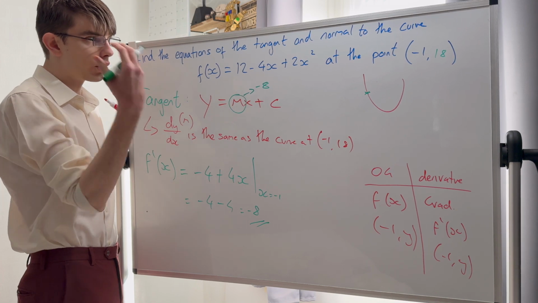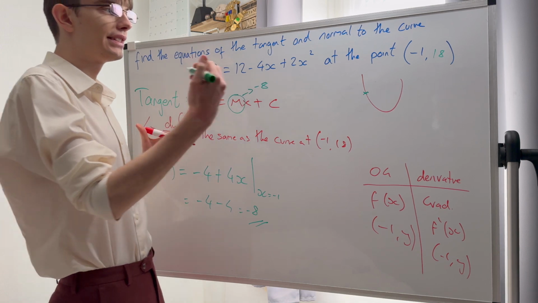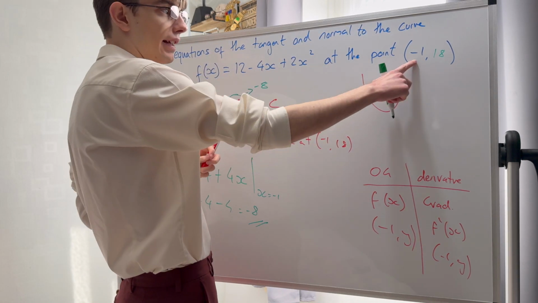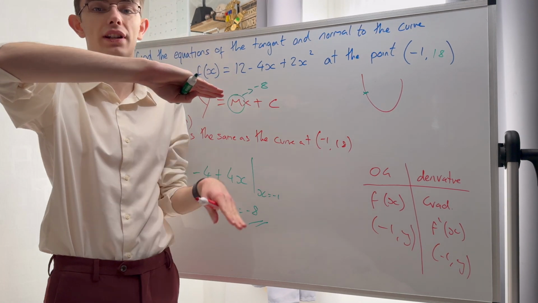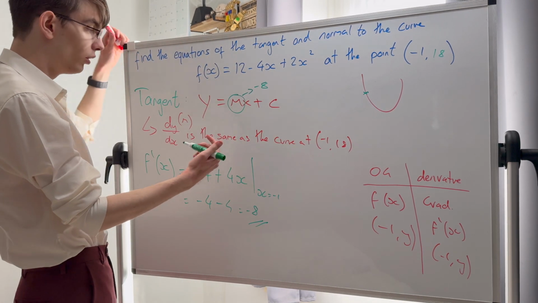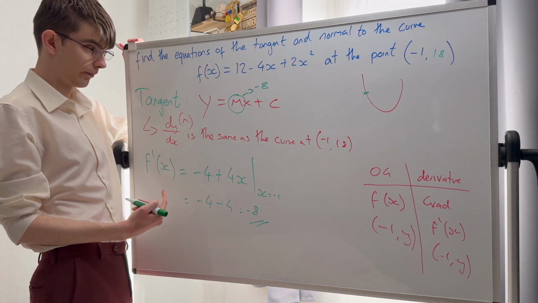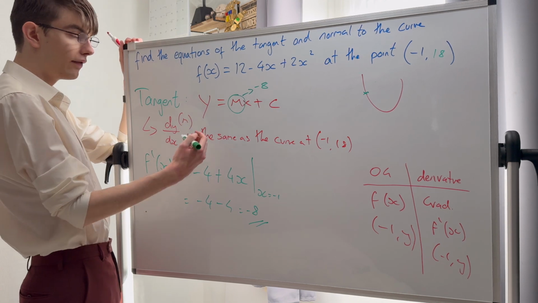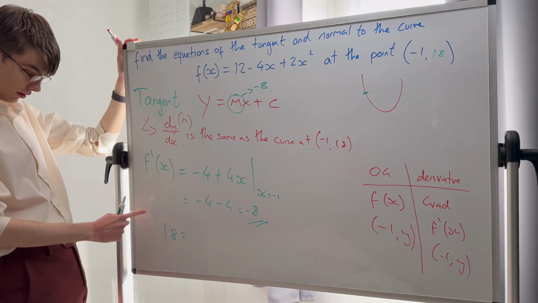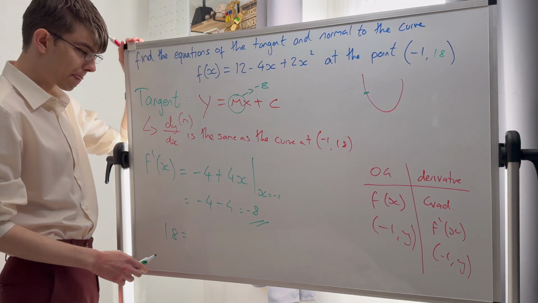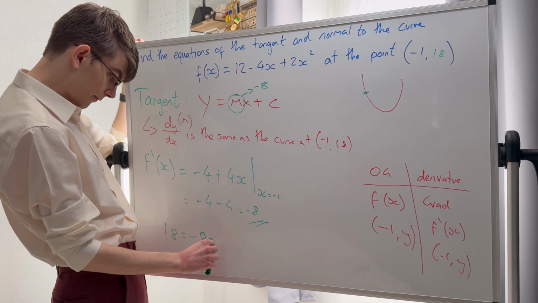Well, what do I know about my tangent? I know that it passes through my curve at the same point as what we're working with, right? That's the idea. It passes through the point (-1, 18). So I know that (-1, 18) must lie on this curve. So I can have a y value of 18. This is a weird angle. 18. I know that my m value is minus 8.